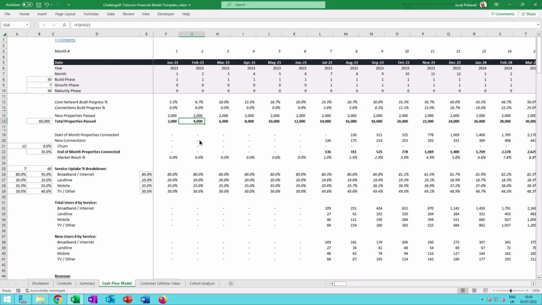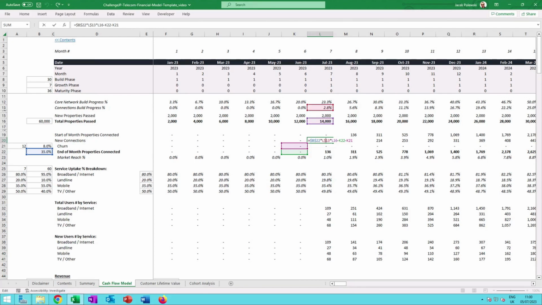Then in addition to that, you will also start calculating the number of new connections. That's driven by the connection build progress, which is in here. It's also a function of your target market reach, and it also takes churn into consideration, okay?